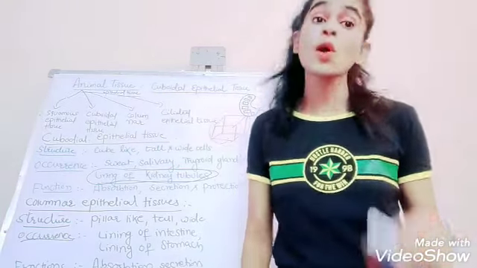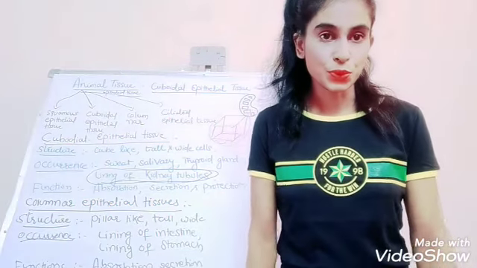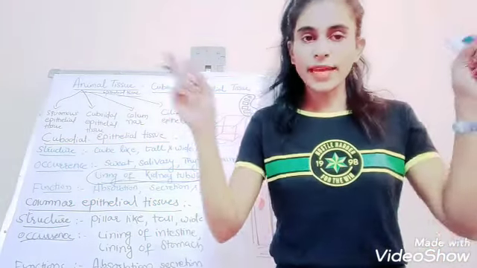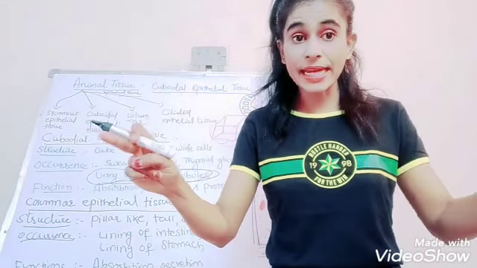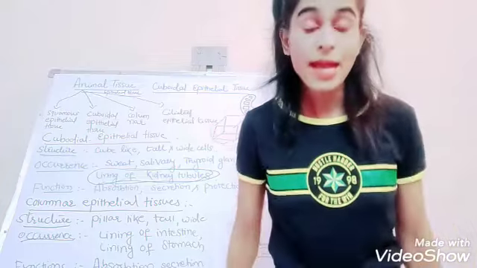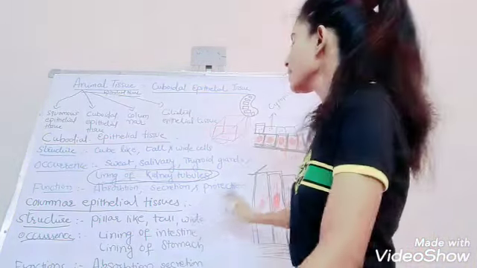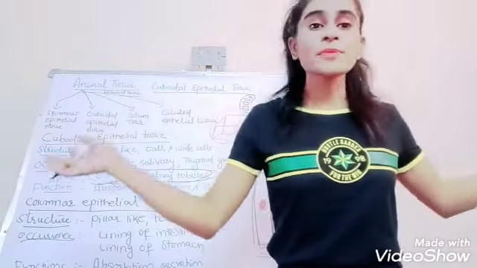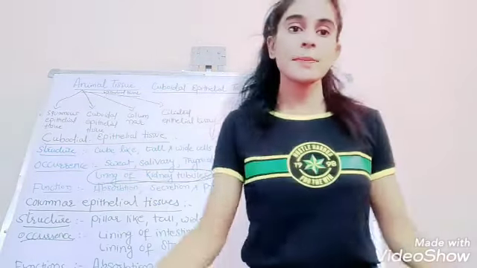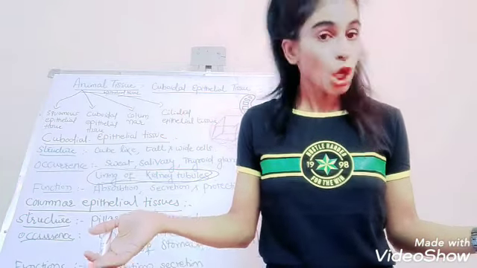Got it? It is found in the inner lining of the intestine and the inner lining of the stomach. And it performs the same function as the cuboidal epithelial tissue: absorption, secretion and protection. Got it?